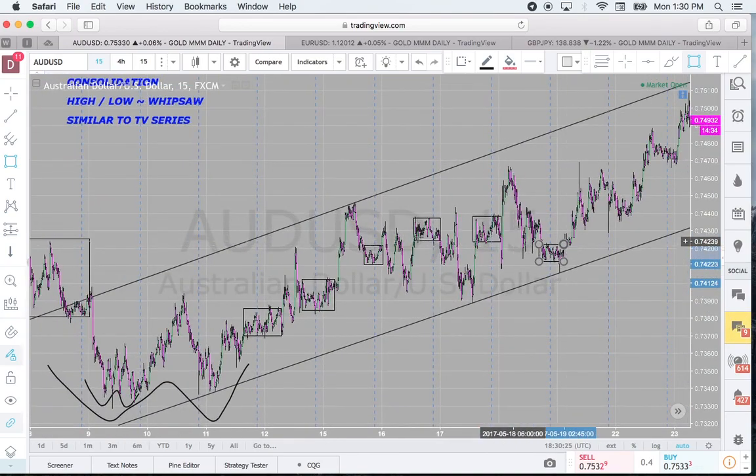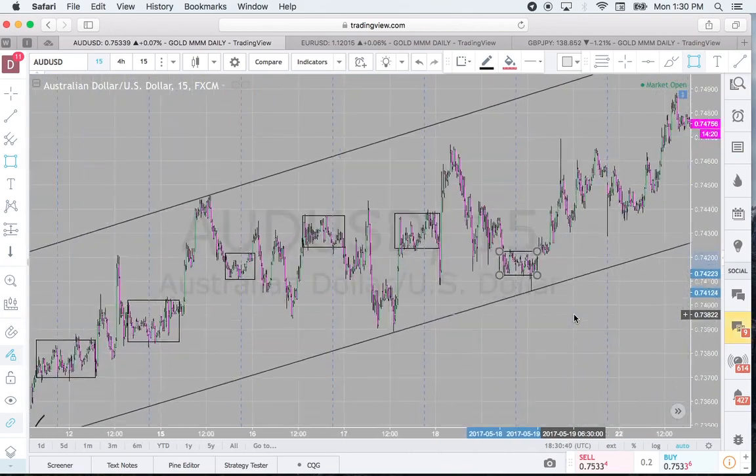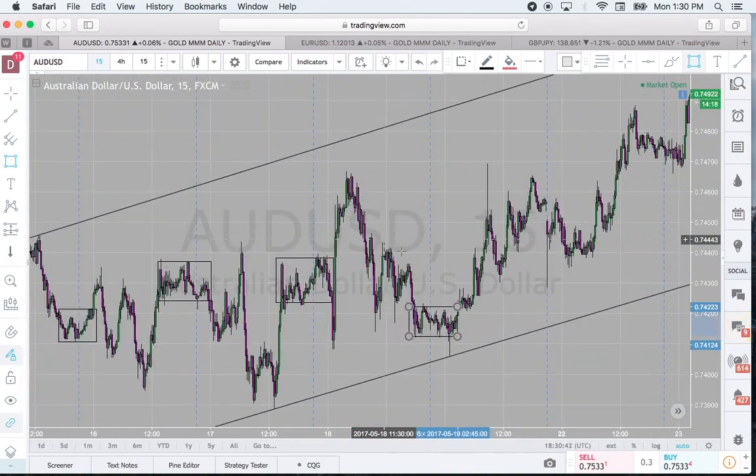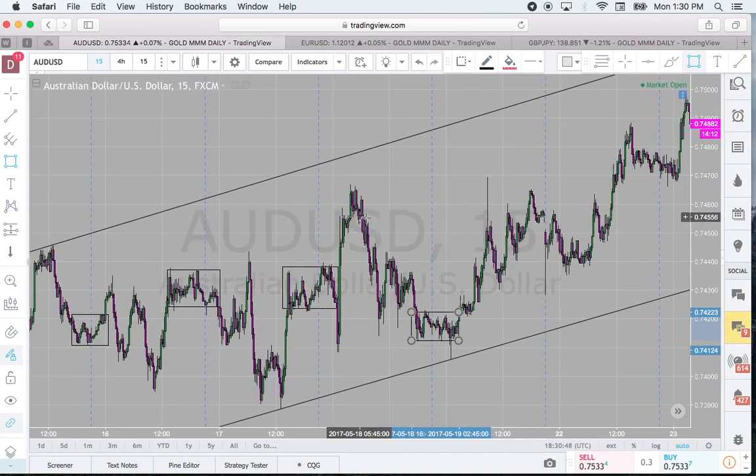He cannot just throw the market in 500 pip swings every day. That would be obvious that something is going wrong, something is happening. So what they do is every day they reset their amount of pips that they're allowed to move.